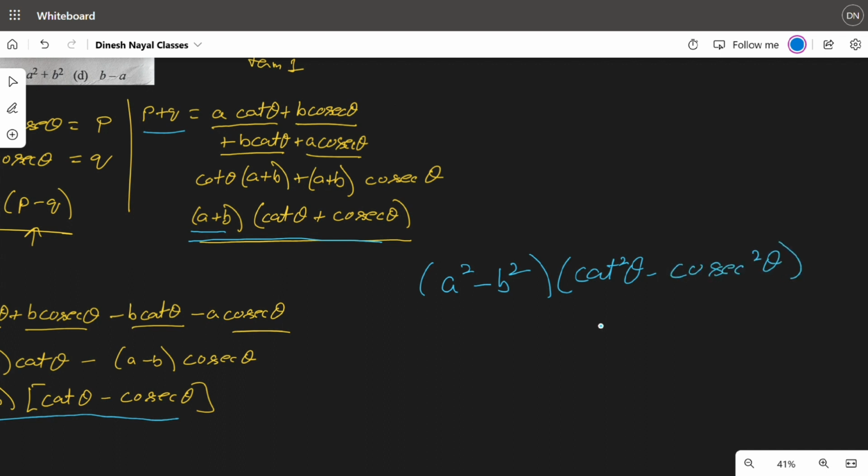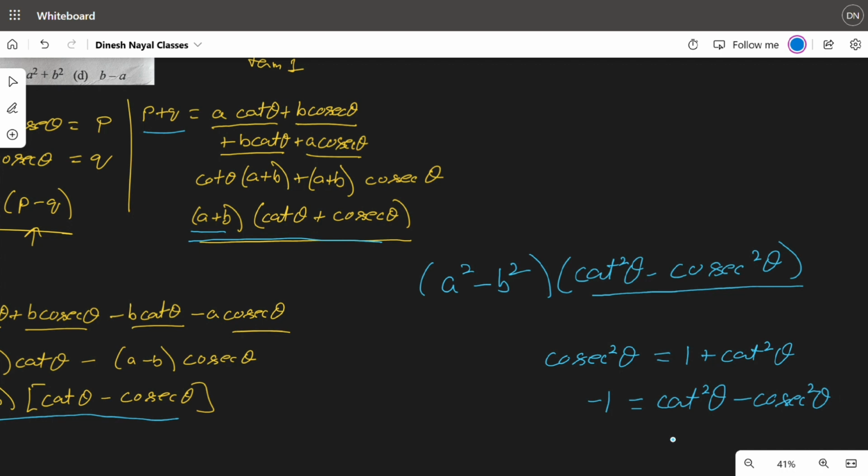Now, if you remember the trigonometric identity, cosec square theta is 1 plus cot square theta. We have to find the value of cot square theta minus cosec square theta, so take 1 to that side, this will be minus 1, and if you take cosec square theta to that side, that will be cot square theta minus cosec square theta.